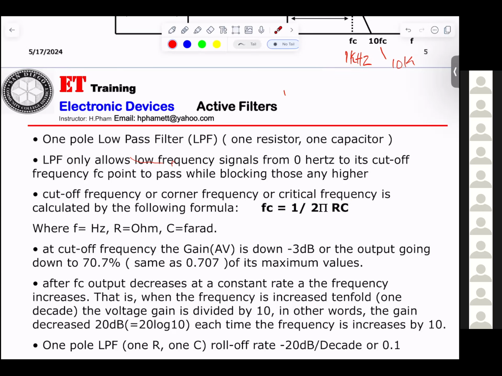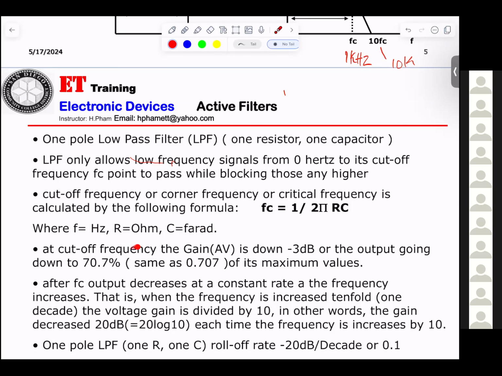Calculate by the formula FC equals 1 over 2 pi times R times C, where F is in Hertz, R in ohms, and C in farads.